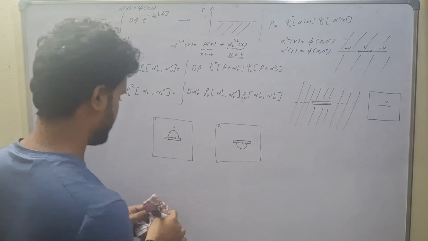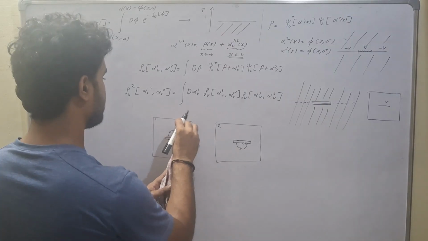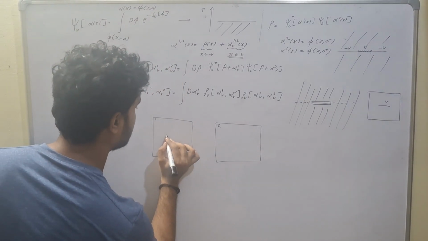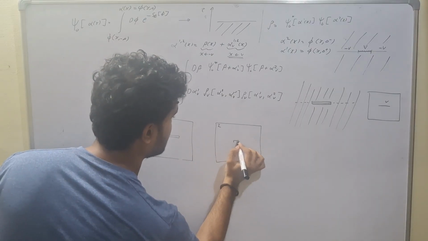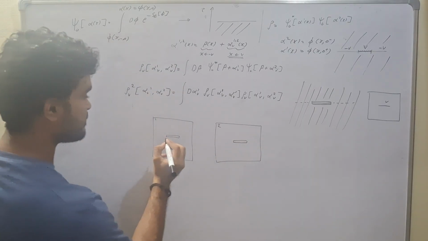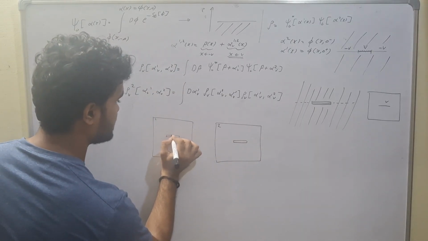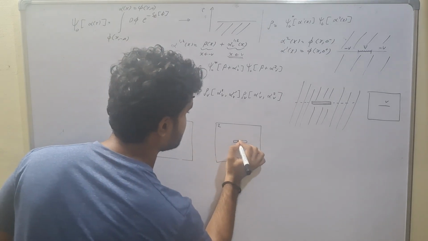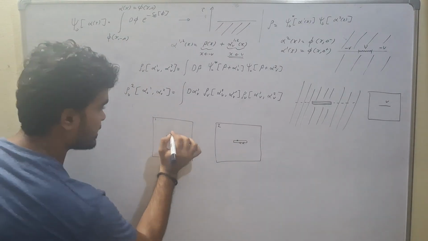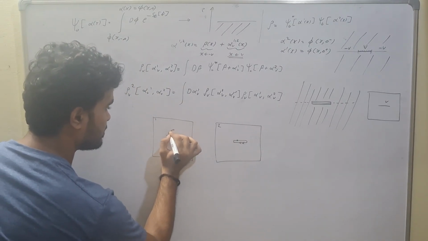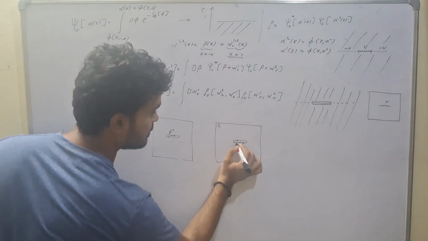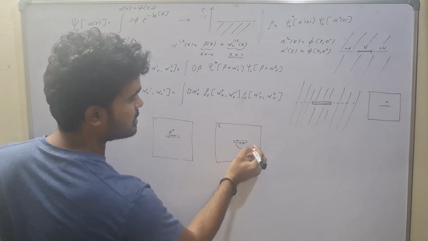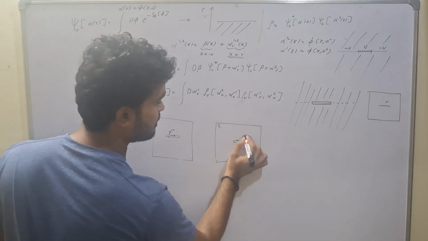But what happens if we include the cut? These are our region V, and this boundary is identified, and this boundary is identified. So we start here, go here, come out from here, and instead of going back in on this side only, we take a rotation and go back here.